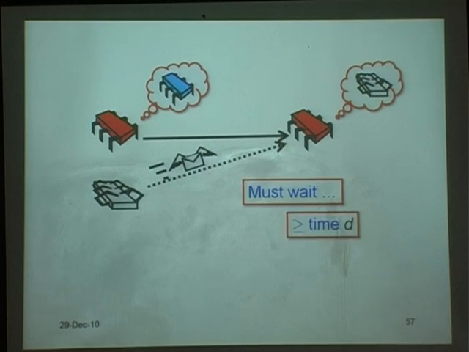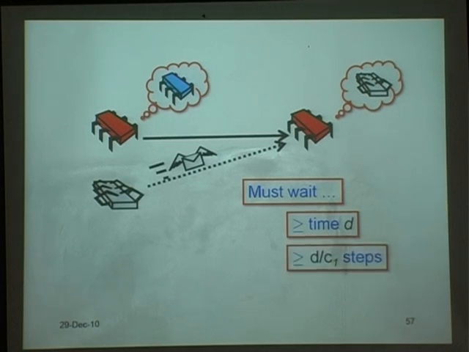How long do you have to wait? You have to wait for at least time d. Do you have a common zero? Yes, I'm assuming there's a common zero here because it only gets worse if you don't, and the adversary that we fabricate is going to do that.